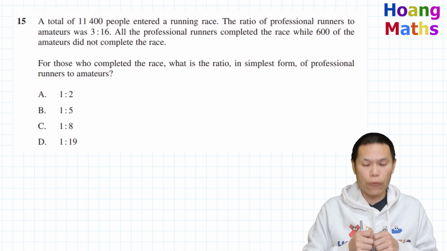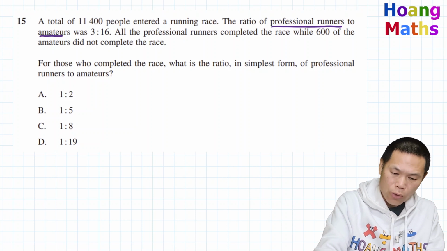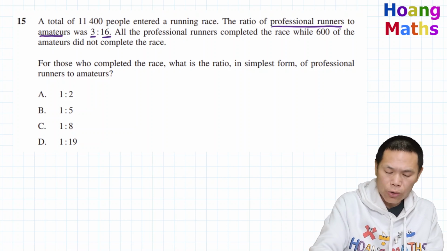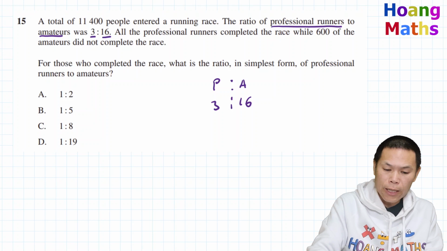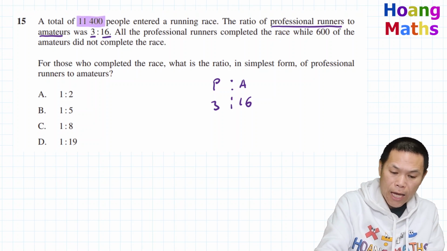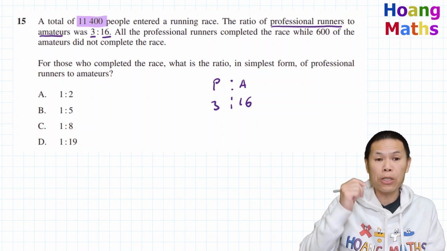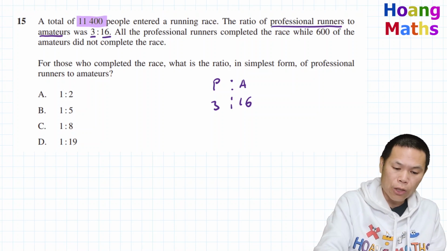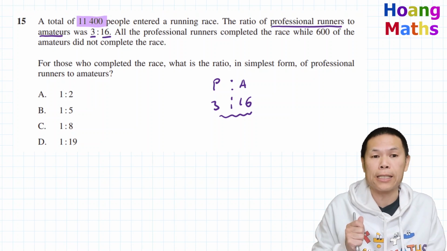Last one. First of all, we know that the ratio of professional runners to amateurs was 3 to 16. So let me just write this down. P to A is 3 to 16. And we know that there are 11,400 runners altogether. Let me just work out each of them first. Altogether is 19 parts, because 3 plus 16 is 19.